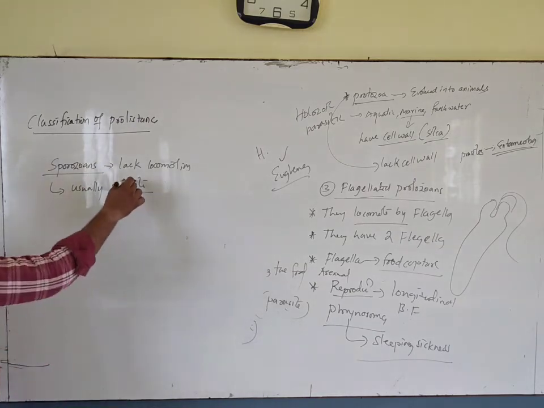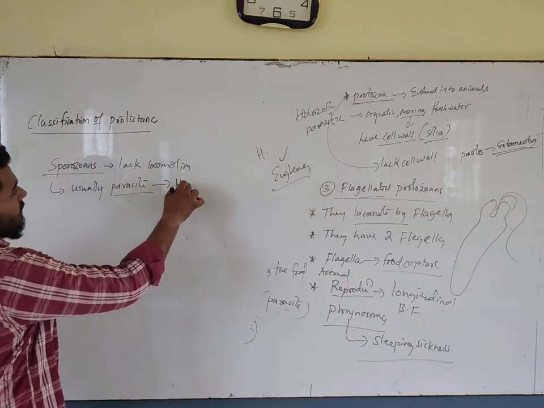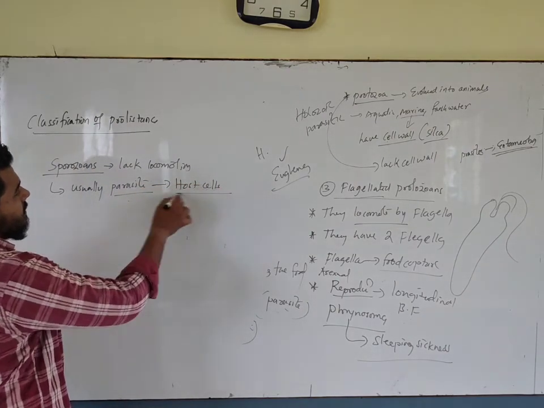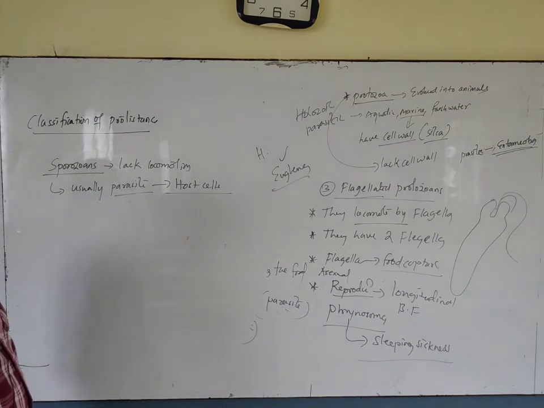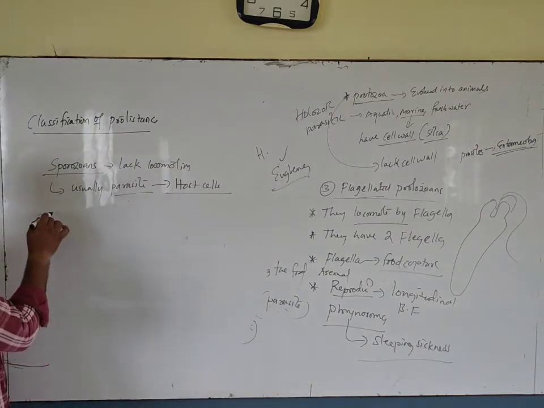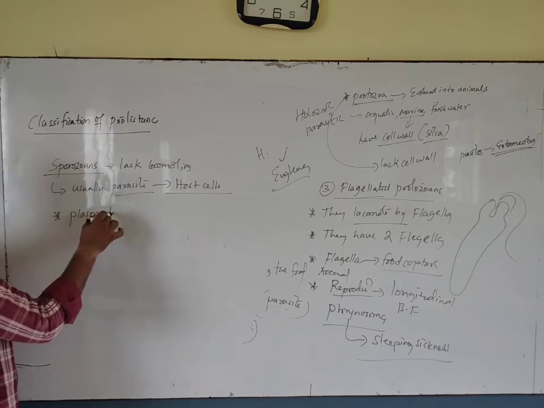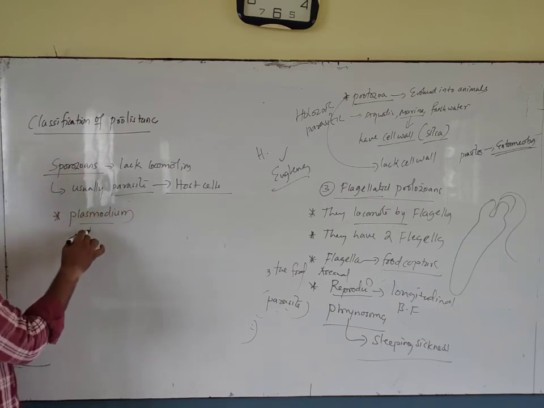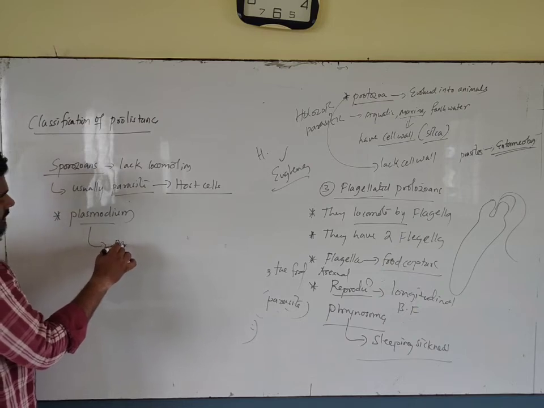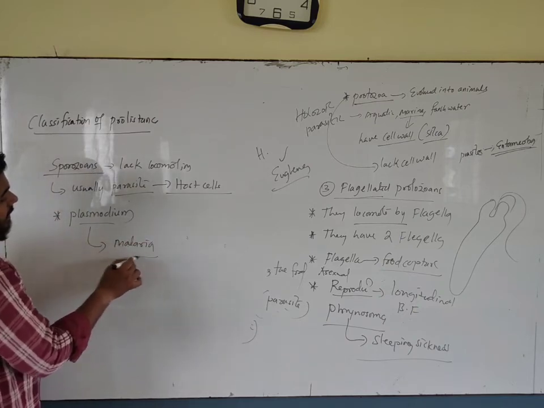So they depend on host cells. One of the examples of these protozoans is Plasmodium, the parasite which causes malaria disease.